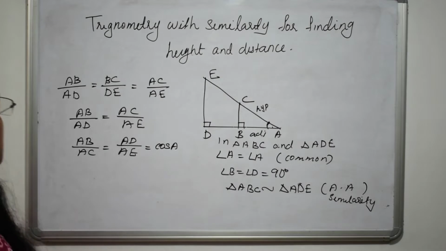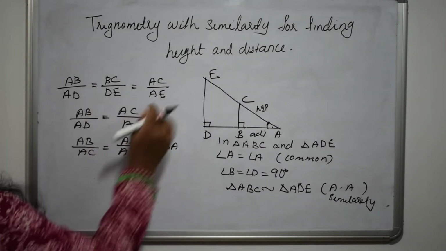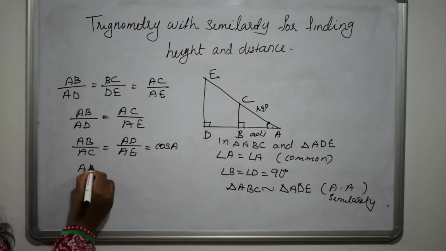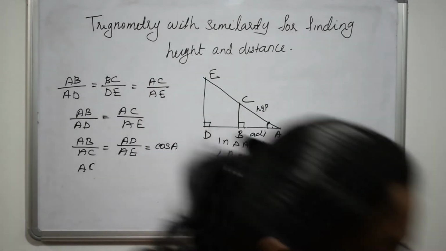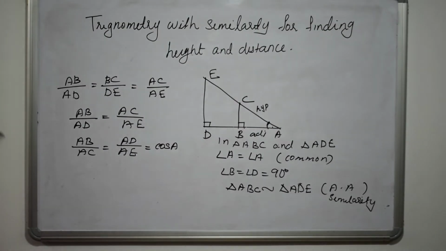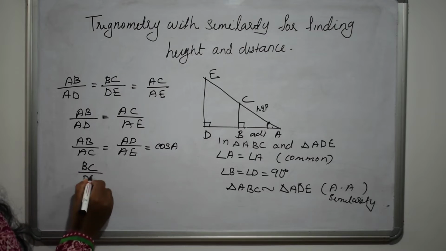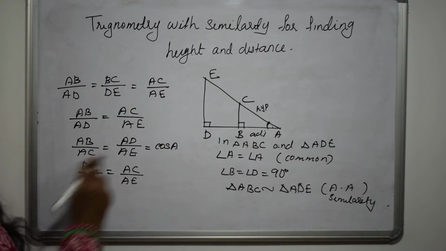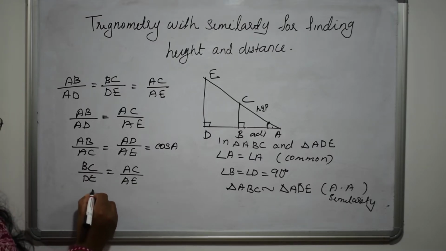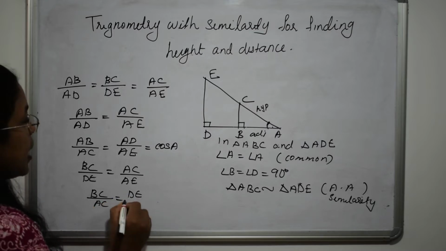Similarly, if we arrange BC upon DE and AC upon AE, we get BC upon AC is equal to DE upon AE.